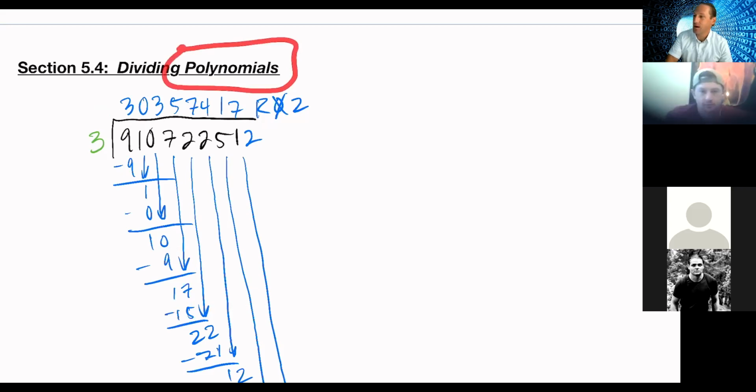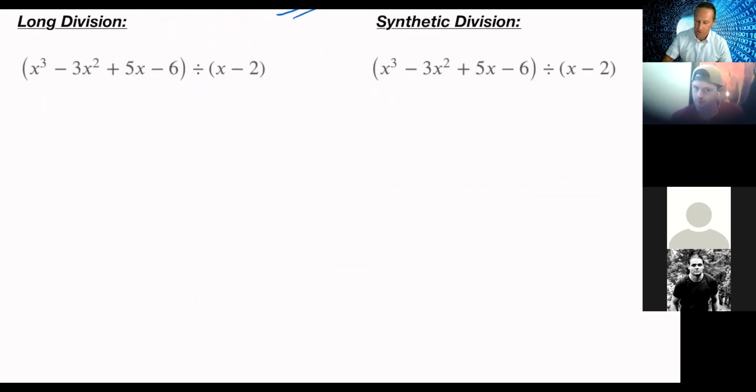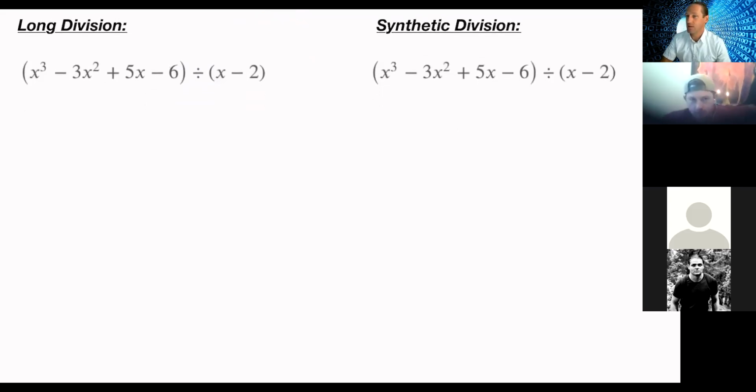So there's all kinds of cool tricks, but this process that you did in maybe 3rd grade, 4th grade, is the exact same process we use with polynomials. Polynomials are obviously just a whole lot uglier because they have x's and numbers and powers and all that stuff involved. Okay, so there's 2 different types I'm going to go over with you. One is called long division, which you can assume is exactly what it is, long.